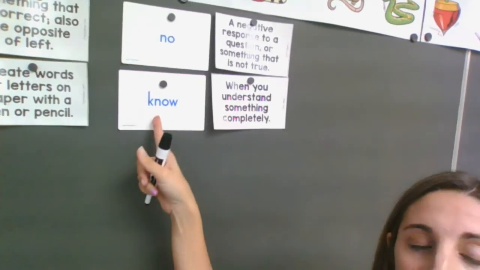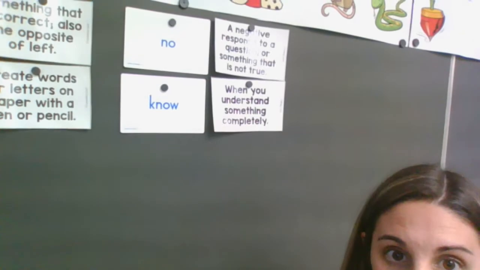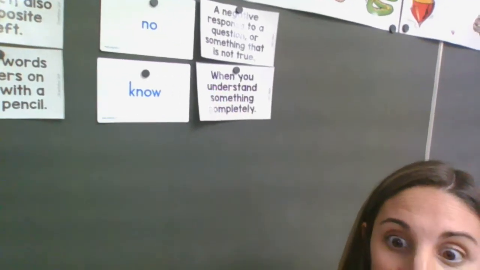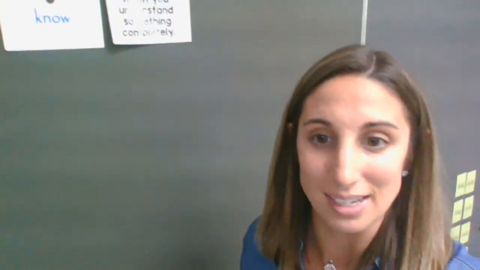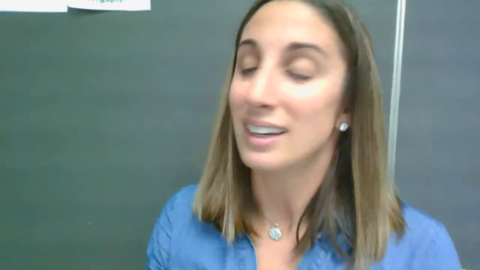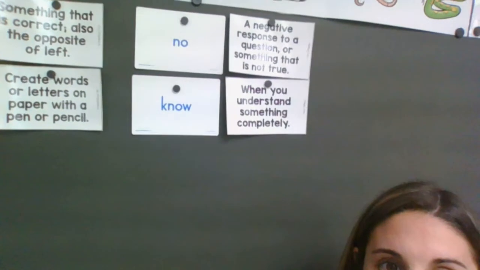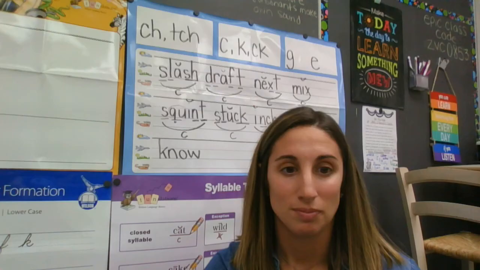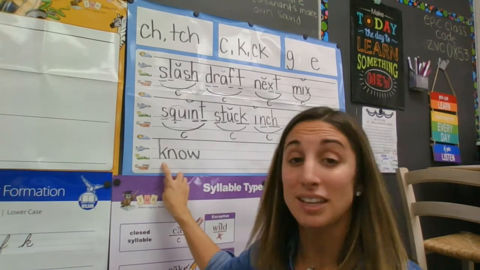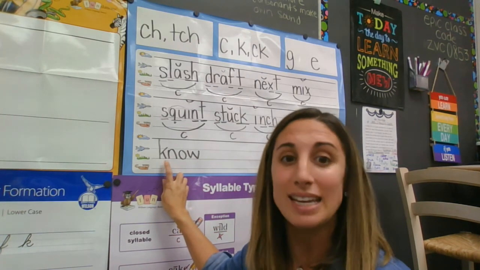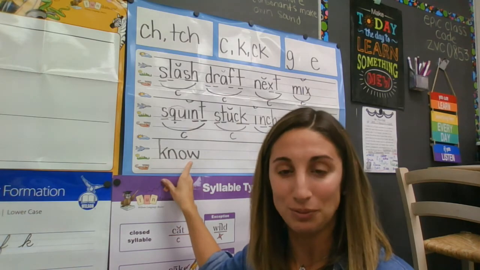Okay, so what I'll do is give you a sentence and you're going to figure out which no I'm using in my sentence. All right, here's my sentence for that one. I do not know what to say. Which no did I just use in that sentence? I do not know what to say. Write it down next to your number 1 and we'll check it. Hopefully you figured out that no, I do not know something is K-N-O-W, right?